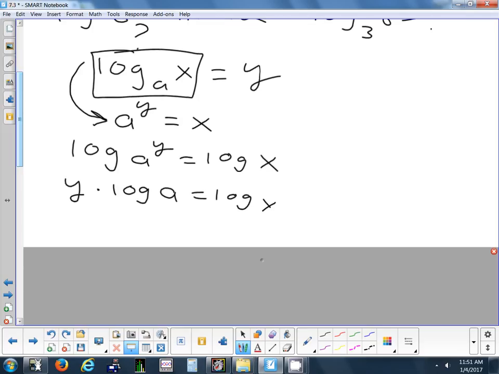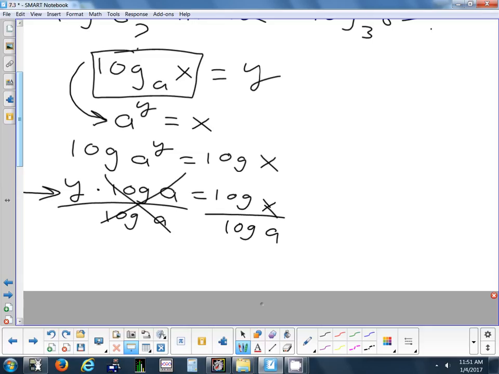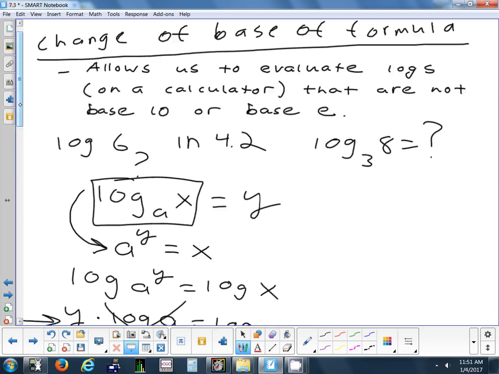What would be my last step to get y by itself in this equation? Move the log a to the other side by dividing by it. So you end up with y equals, which is exactly what we started with, but we had something here we had no idea how to type in.